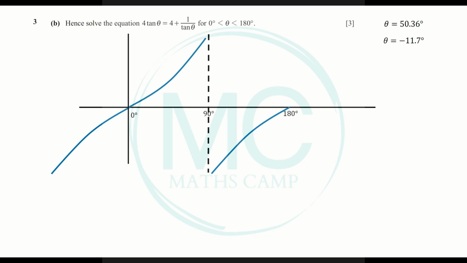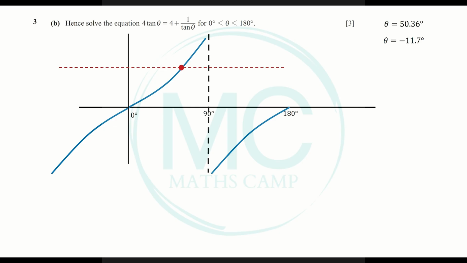We know that theta is equal to 50.36 degrees. So let's put this one in over here. All values of theta that we need to consider have the same y coordinate. So let's draw in a horizontal line.